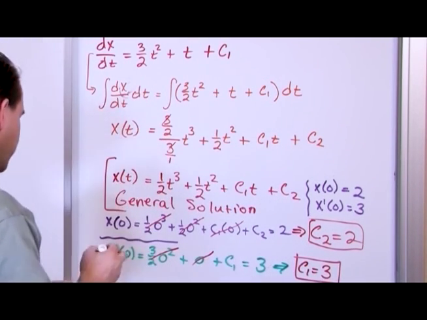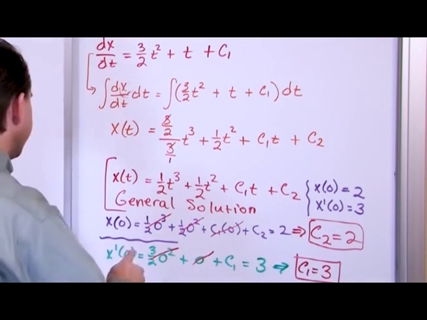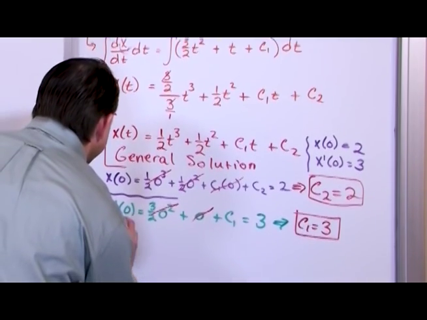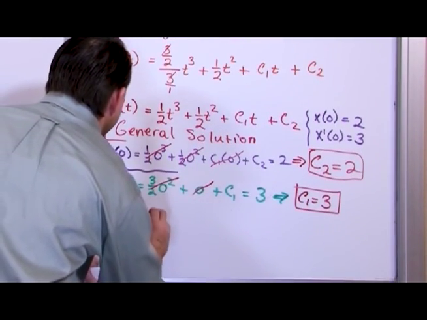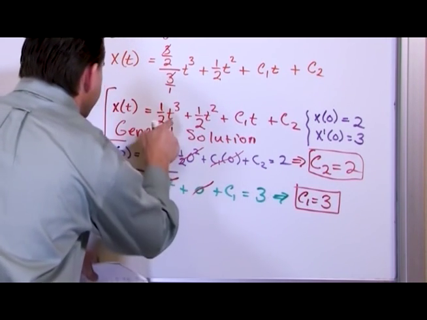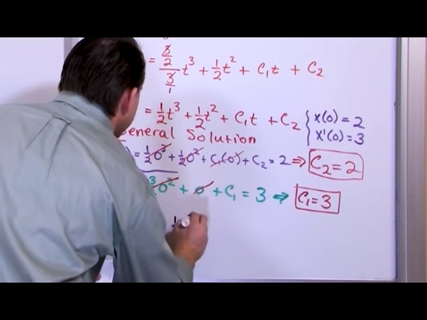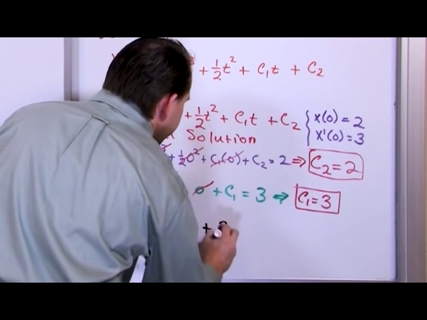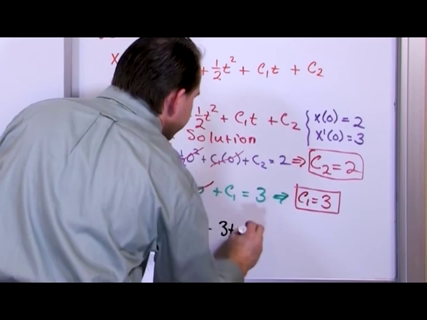Okay? So that's important. So now that we have that, we can write down the final answer for the specific solution. So x of t for the specific solution is equal to 1/2 t cubed from here plus 1/2 t squared from here plus constant 1, which is 3t right here, plus constant 2, which is 2.